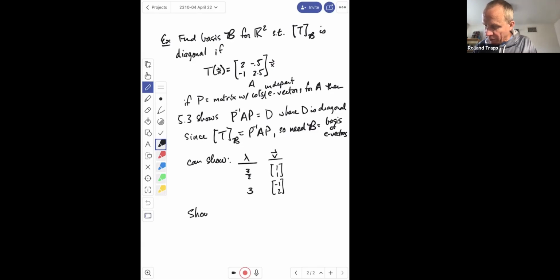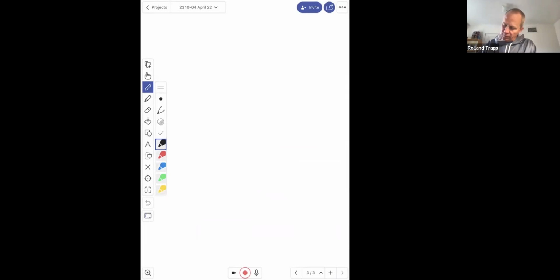And I want to show how this helps visualize T, just by looking at the image of the unit square. I'm going to draw both pictures in the same coordinate system.